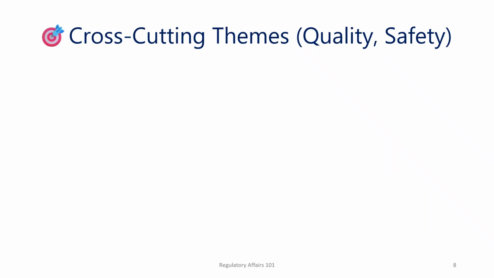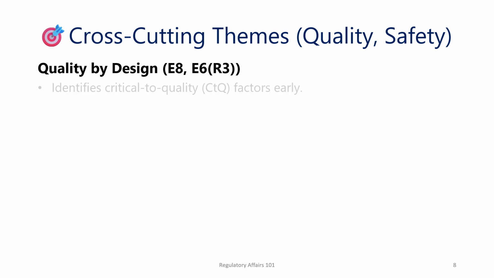There are 5 themes that cut across the entire ICH E series. These aren't just concepts. They are the backbone of modern clinical development. Let's look at 2 of them: quality by design and patient safety. Quality by design appears prominently in E8 R1 and E6 R3.